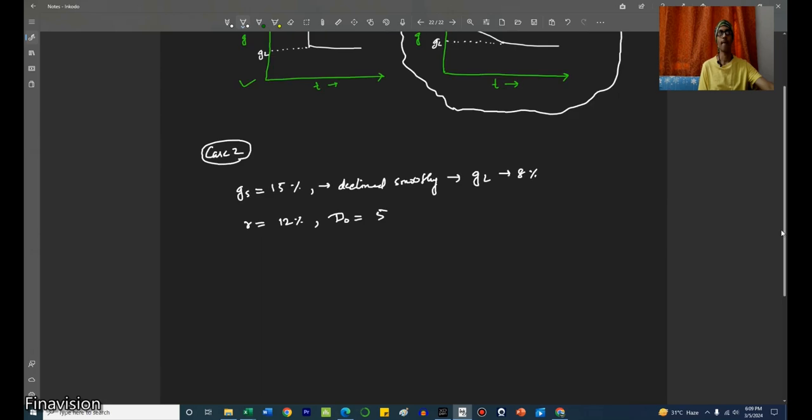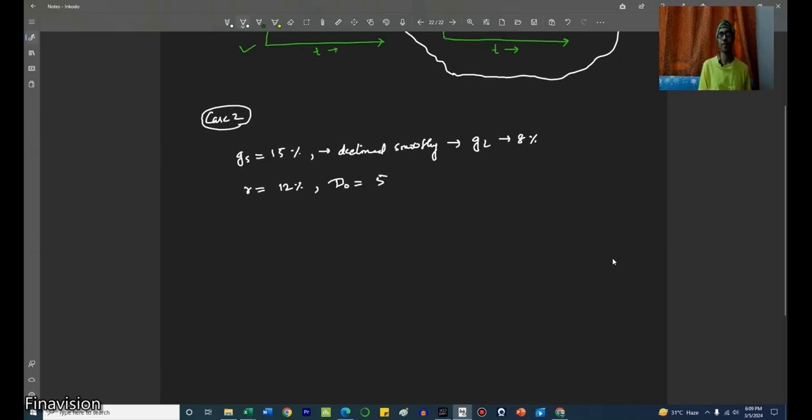Okay. So here the expression is given by, V0 is equal to, the perpetual portion is separate, D0 into 1 plus GL divided by R minus GL, plus D0 into H into GS minus GL divided by R minus GL.